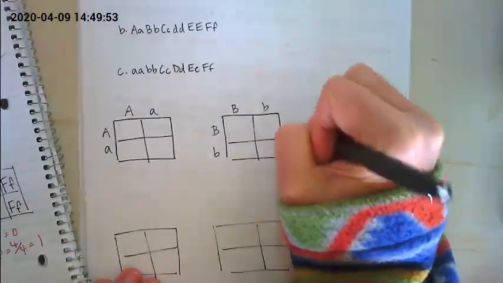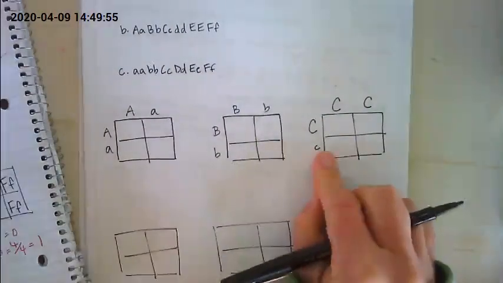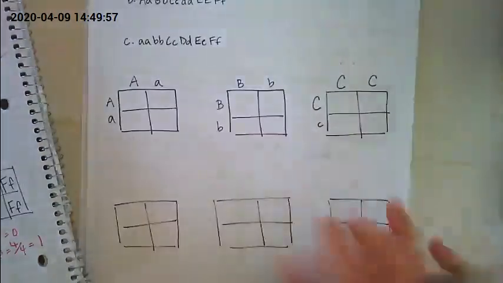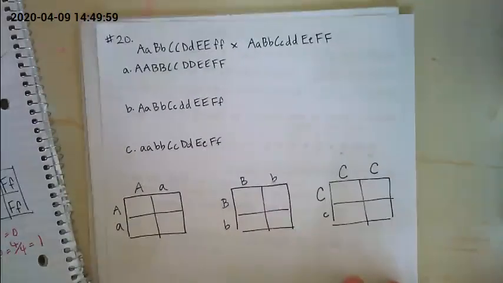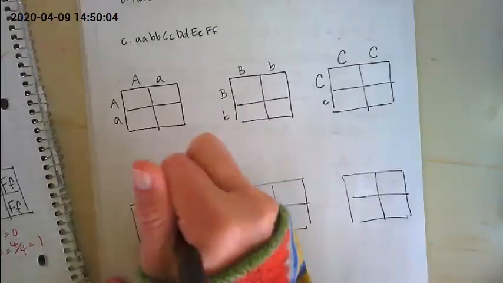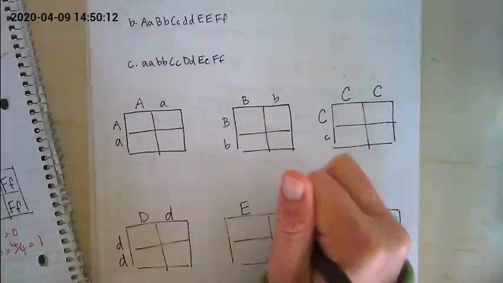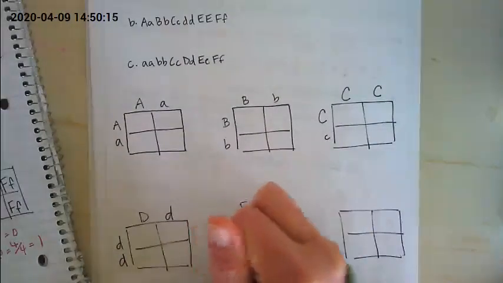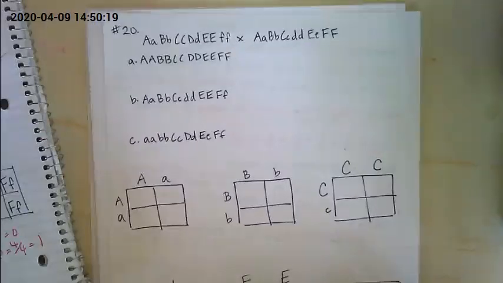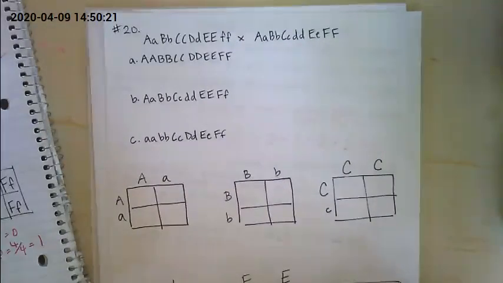I'm going to try to exaggerate my little recessive C there. Okay, het D, homozygous recessive D. All right. E's, homozygous dominant, heterozygous. Okie dokie. And then F's, homozygous recessive, homozygous dominant.